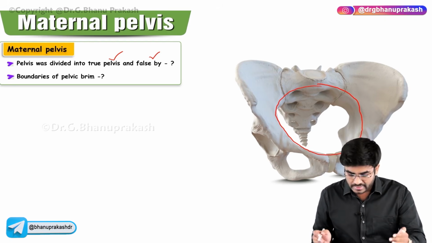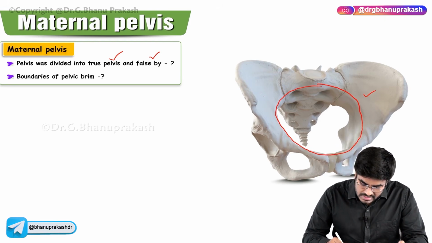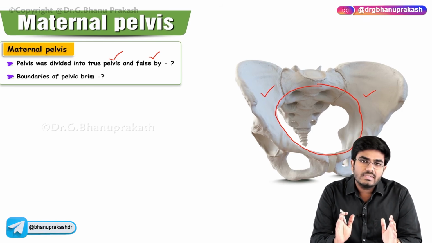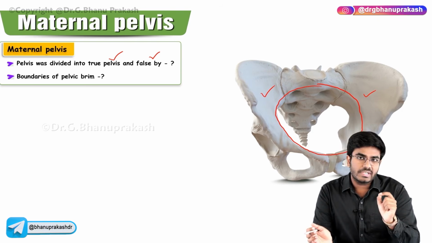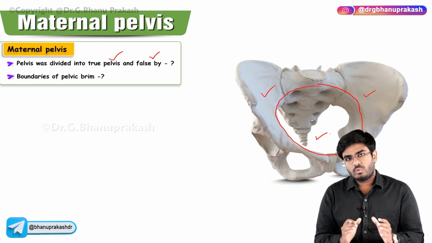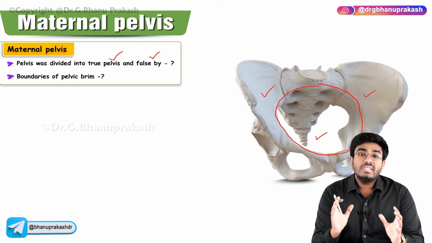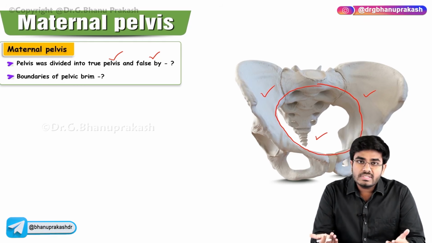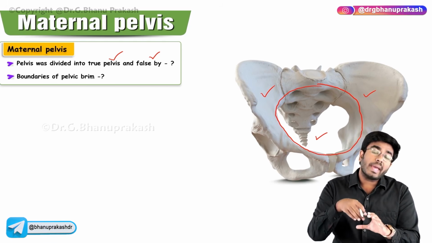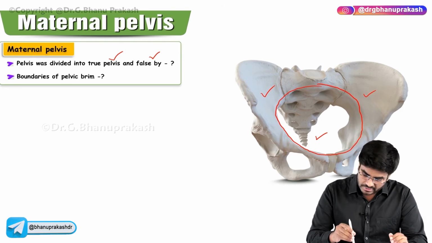The part of the pelvis above the pelvic inlet is considered the false pelvis, which is not obstetrically significant, and the part of the pelvis below this pelvic brim is known as the true pelvis. Why? Because it is obstetrically significant, because the baby is maneuvering through that pelvis.